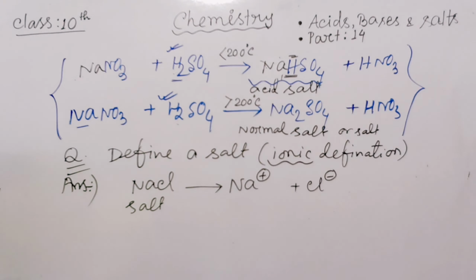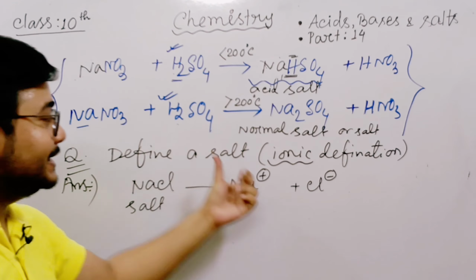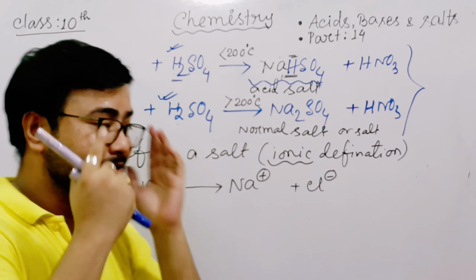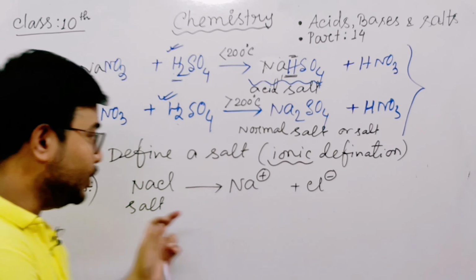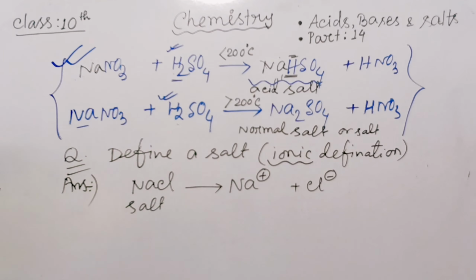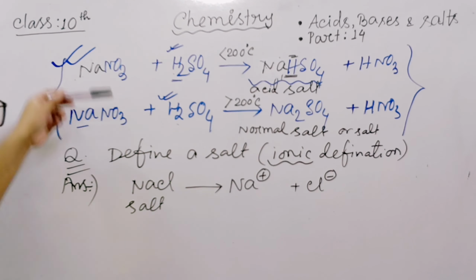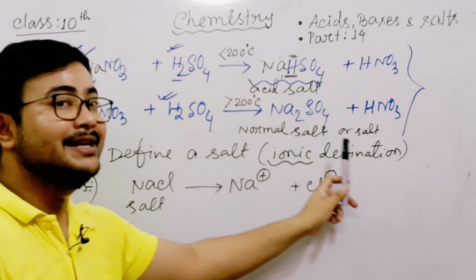So what is the ionic definition? Salt is a compound which when dissociate form, give focus, understand. Ionic definition means form two ions. So in previous case we define the salt with the help of these two examples. Now the question is ionic definition.